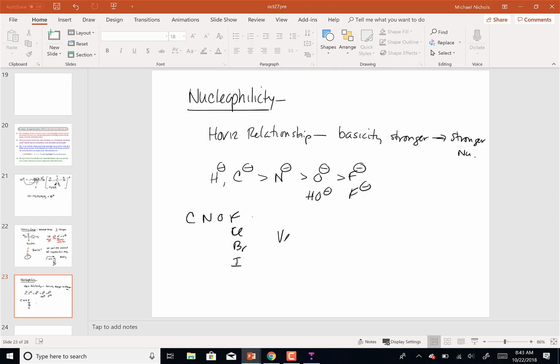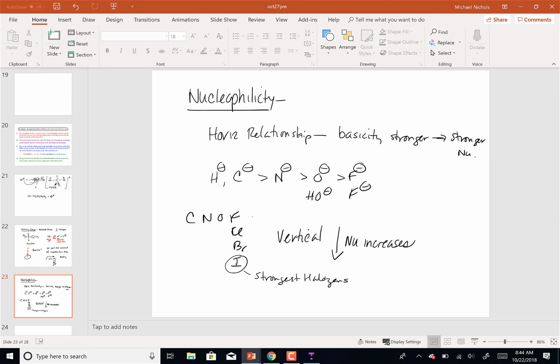So when you're in a vertical relationship, it turns out that as you go down the periodic table, nucleophilicity increases. Which means that I minus then is the strongest nucleophile of the halogens. Okay, so that's the strongest of the halogens.